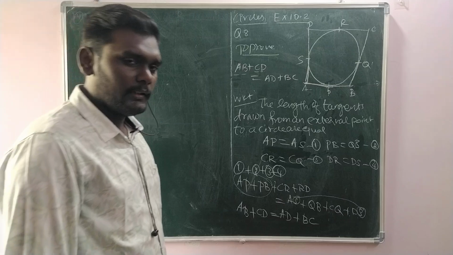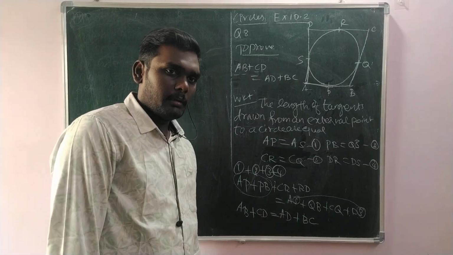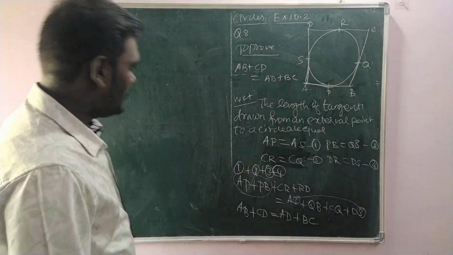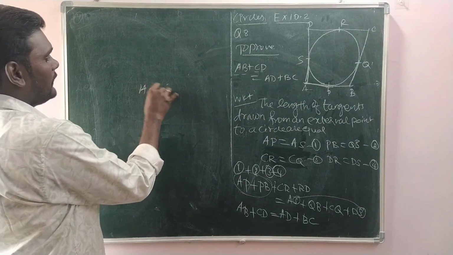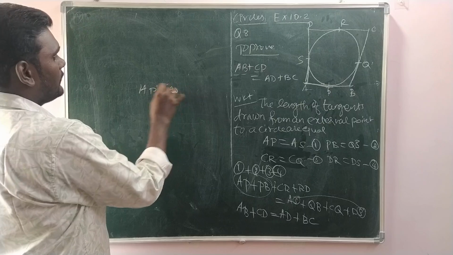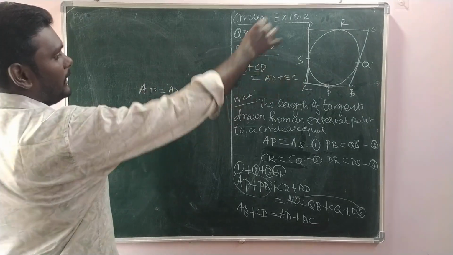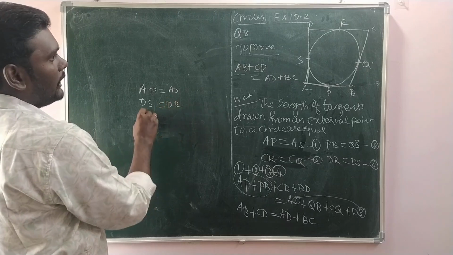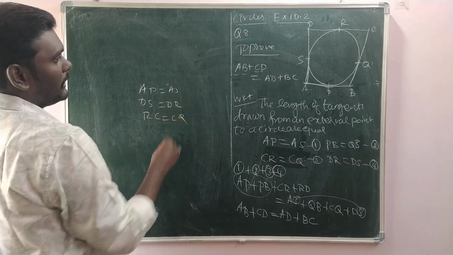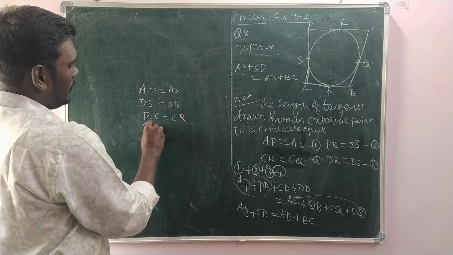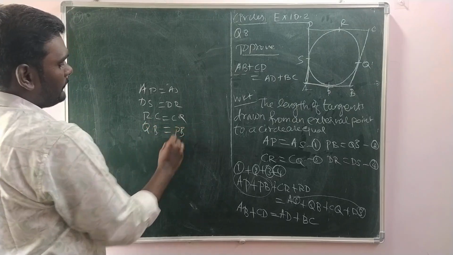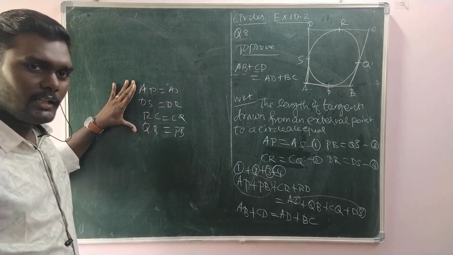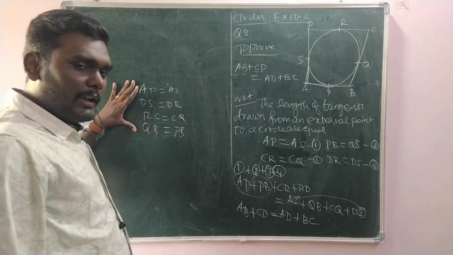That's all. Easy, right? But if you are not revising properly and simply write as you wish, suppose you write that AP is equal to AS, and then follow the line anti-clockwise: DS is equal to DR, then RC is equal to CQ, and then QB is equal to PB. Now if you add everything, is it possible to group them?